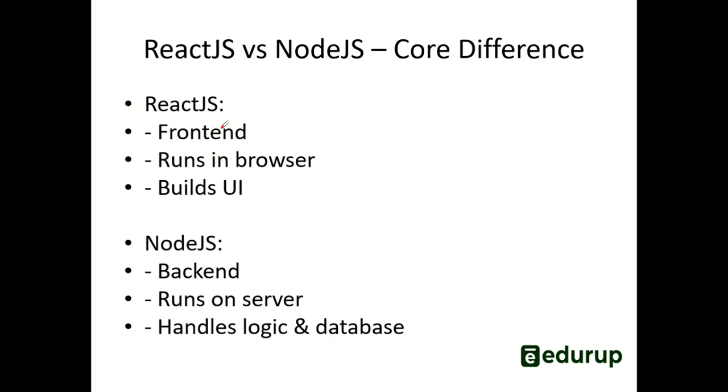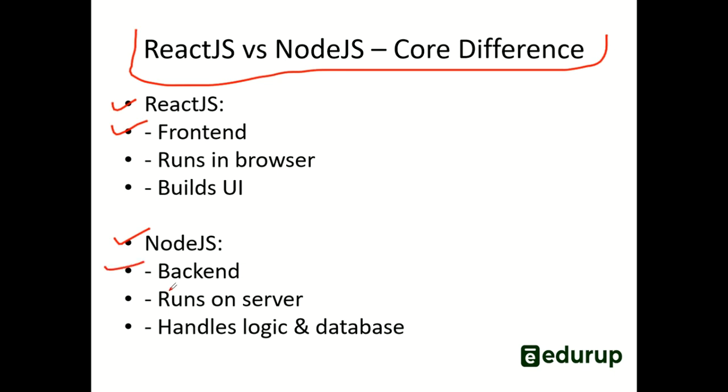And what is the core difference between ReactJS and Node.js? That we need to know. ReactJS is used as the front end and Node.js is used as the backend part. ReactJS runs in a browser, Node.js runs on a server, very important.